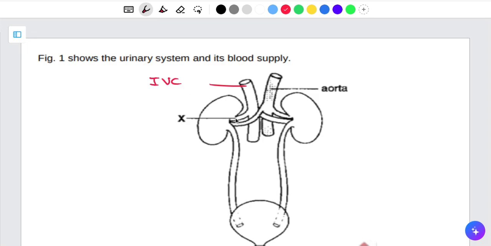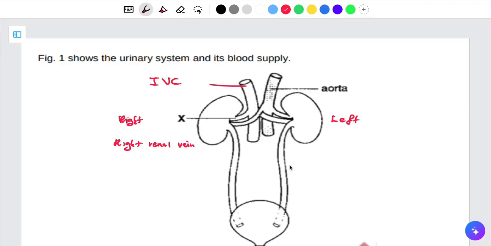Then we have this part which is labeled as X. Since this one is the left kidney and this one is the right kidney, this one is the vein and this is an artery. So this part here is called the right renal vein. That is the part labeled X.